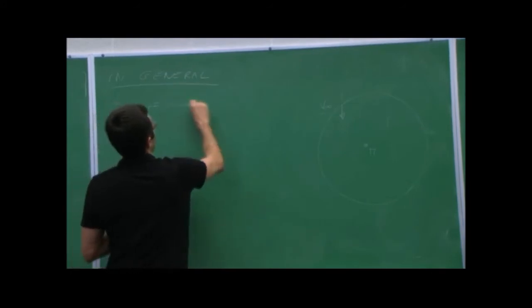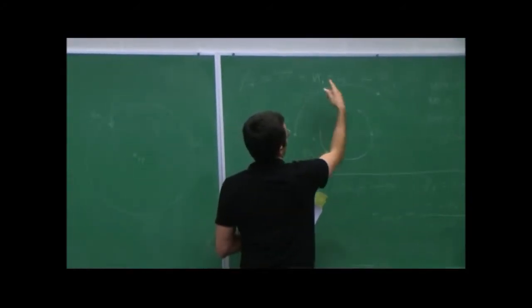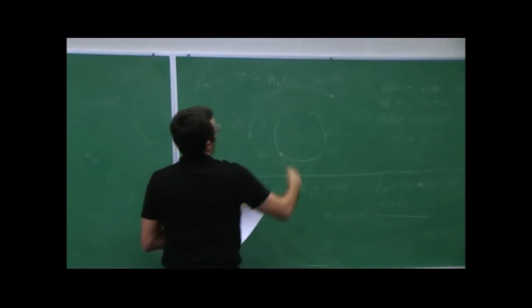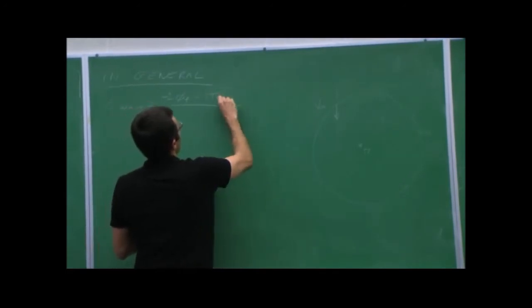But in general, you can say that your wait time to come back home is minus 2 phi final, which depends on the angular velocity of the first planet and the time of flight of the transfer, minus 2 pi n, where n is an integer, divided by n2 minus n1.